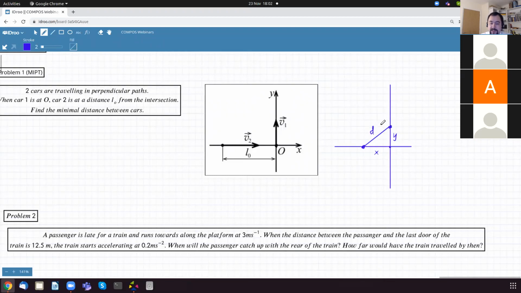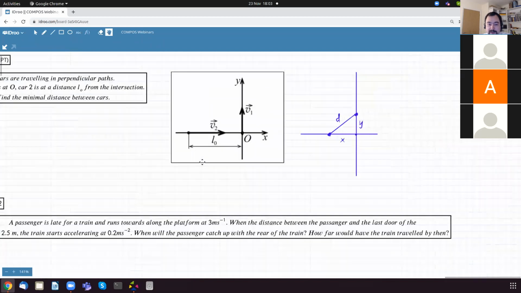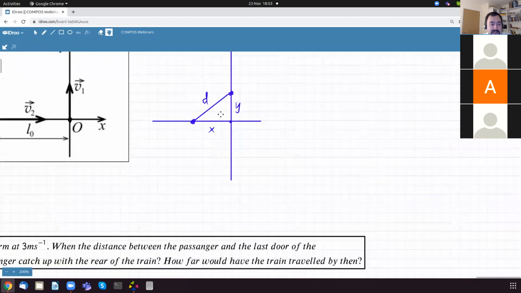You can probably see the Pythagoras theorem here. The only thing is that we need to figure out what x and y are. Well, y is very simple. y is the speed of the car, v1, multiplied by the time. And x is the initial distance, L0, minus v2t.